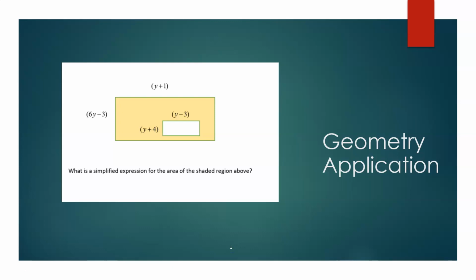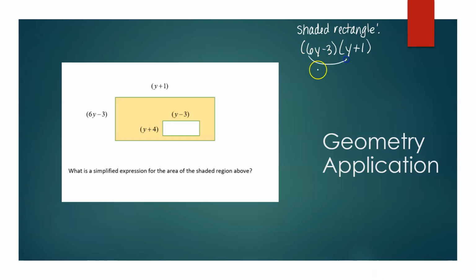Okay, this one says, write a simplified expression for the area of the shaded region above. So this is going to require us to find the area of both of them and subtract. So let's find the area of the shaded rectangle, the yellow one, first. So I'm going to take 6y minus 3, quantity y plus 1, which we just did.